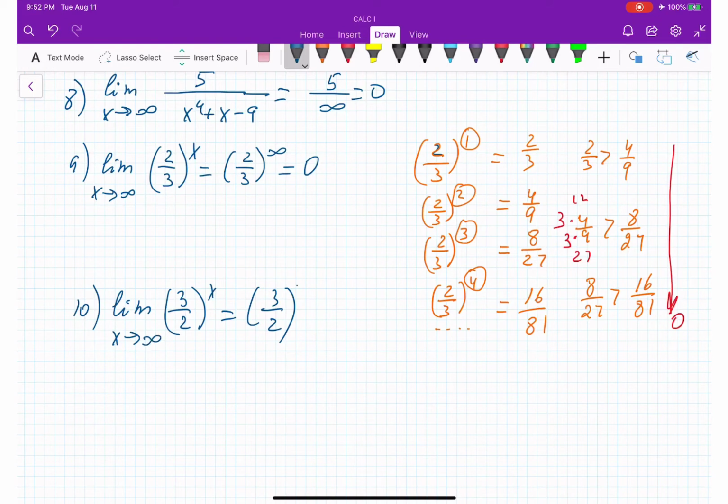So if I raise it to power infinity, guess what's going to happen? The result is going to become infinity.